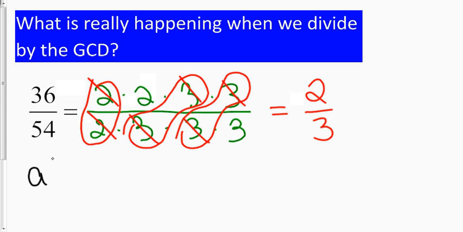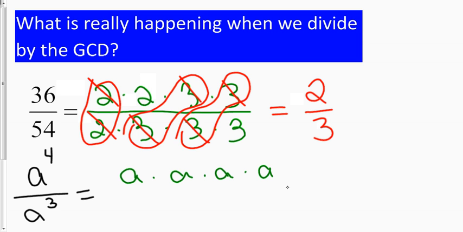So if I have something like a to the 4th over a to the 3rd, let's say. Well, if I look at what a to the 4th really means, it really means a times a times a times a. And a to the 3rd is really a times a times a.